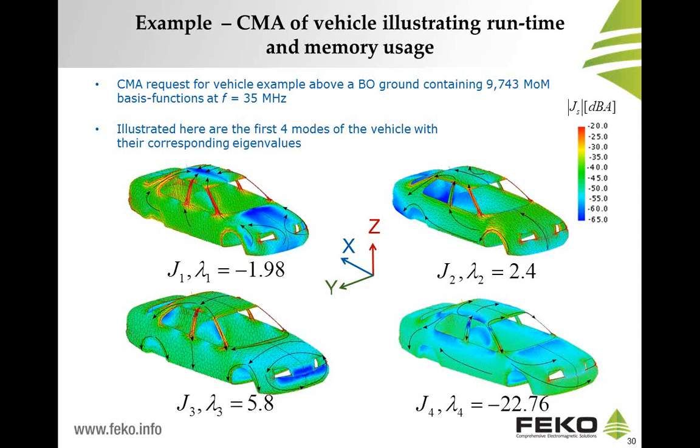And what I want to illustrate with this example is what type of solution we implemented, or how our solver goes about calculating these quantities in an efficient and quick manner.